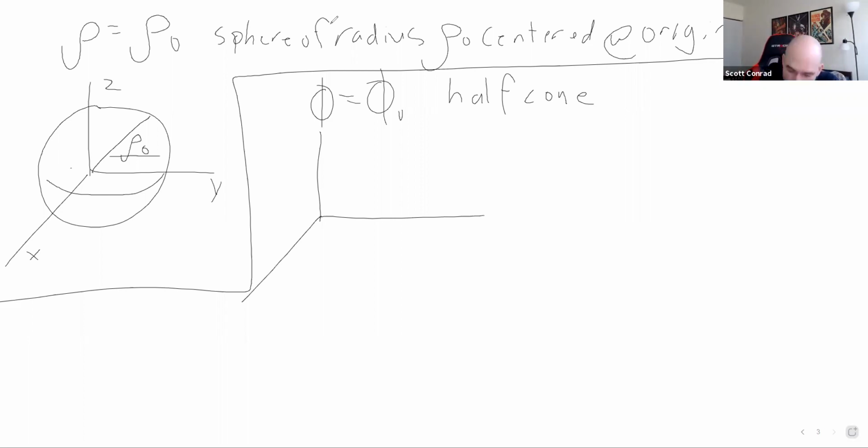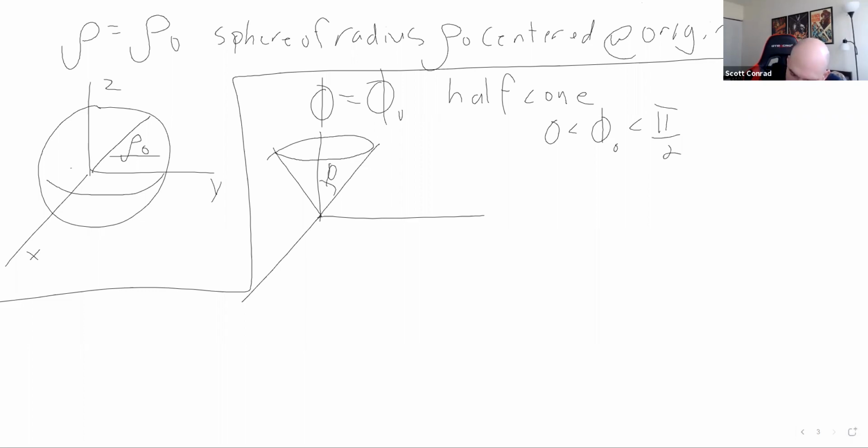And those are going to be the set of all points. So if phi lies between 0 and pi over 2, phi naught, we're looking at a cone.